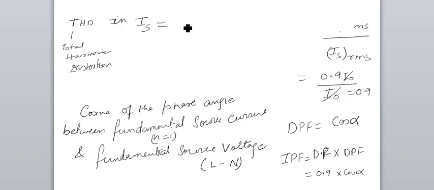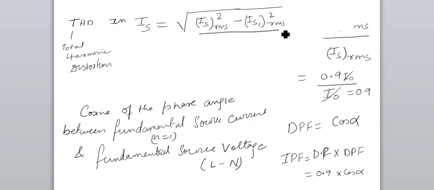It will be defined as root under IS RMS square minus IS1 RMS square, whole divided by IS1 RMS.